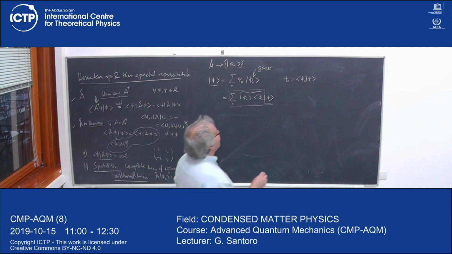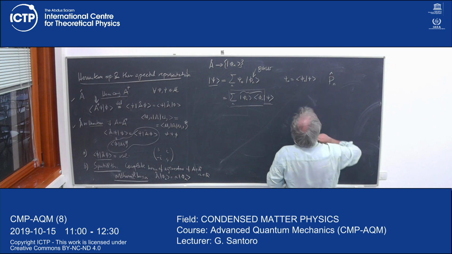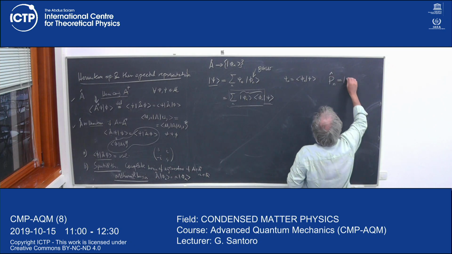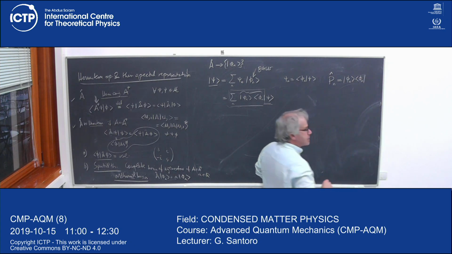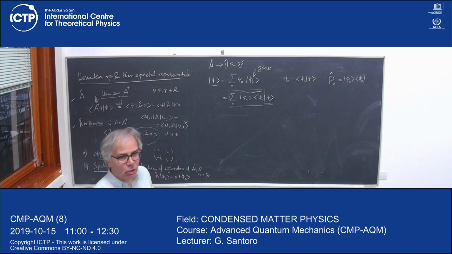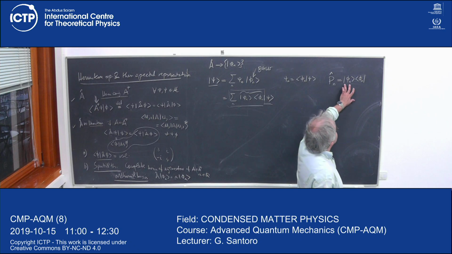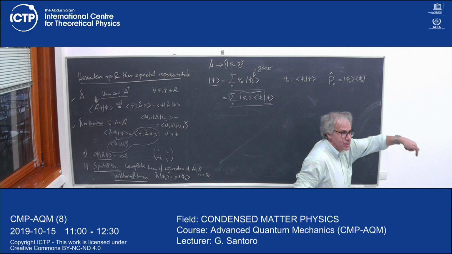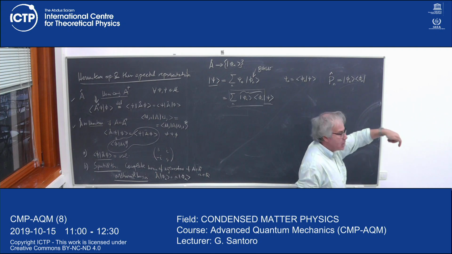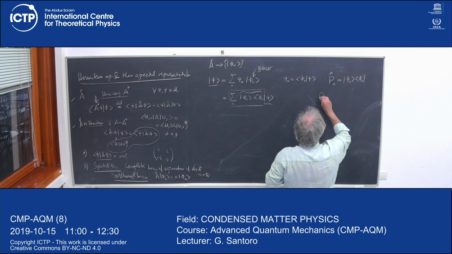So let me now define an operator Pn being |phi n>, and now the bra is magnified, it's glorified. Because you see, this is a ket, but this is a bra, so it's waiting for something to act on. So how does this operate? This is an operator, therefore.